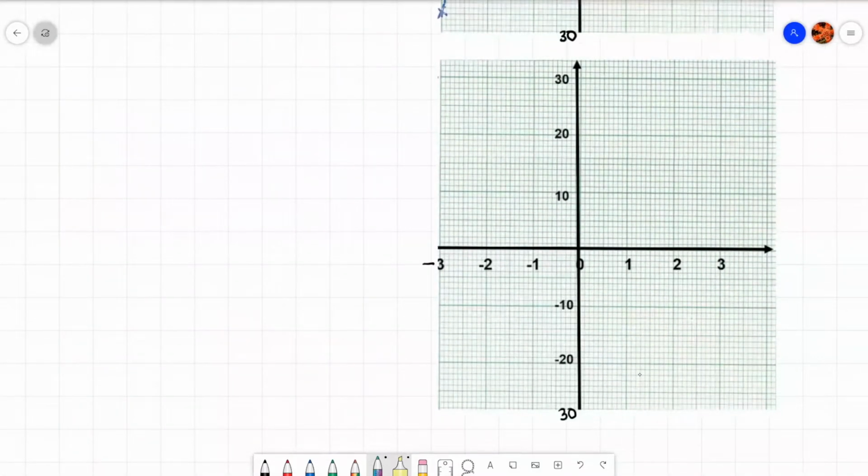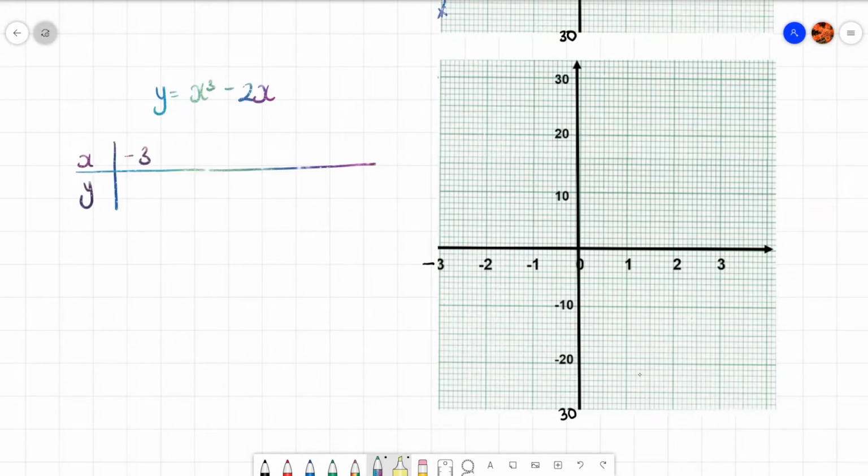Here we are. This time we are going to draw the graph of y equals x cubed minus 2x. Again, x and y: -3, -2, -1, 0, 1, 2, and 3.